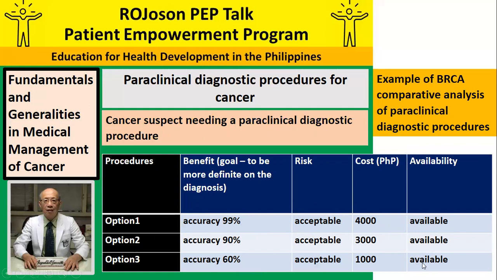So which should be recommended? Option 3 should not be recommended because the accuracy is only 60%. So the recommendation is either option 1 or 2, preferably option 1 if the patient can afford the 4,000. If she doesn't have 4,000, then you can go for option 2.